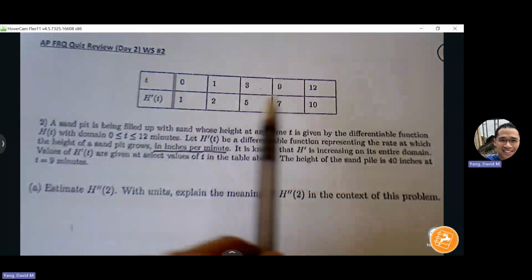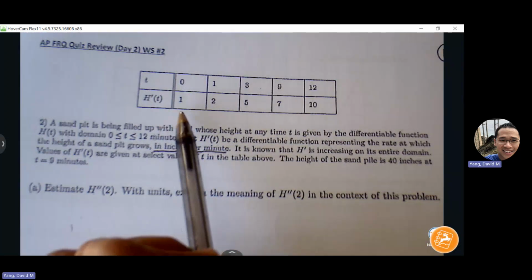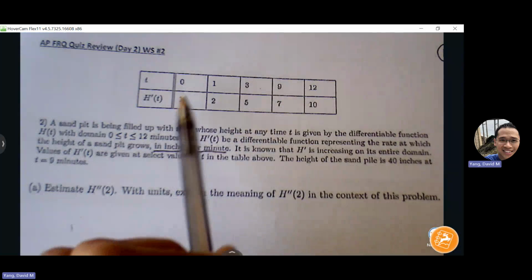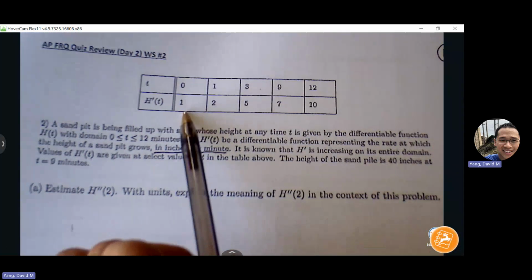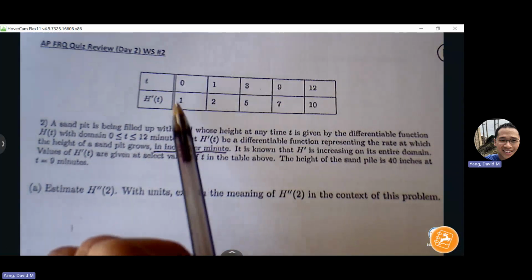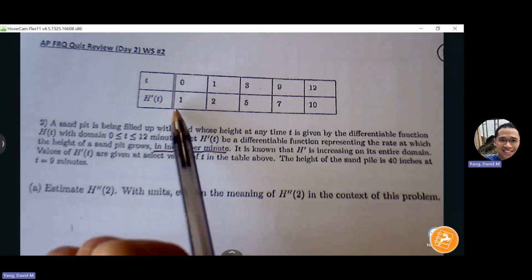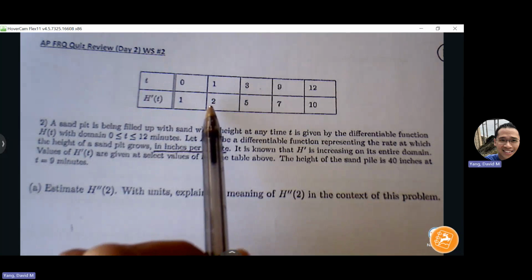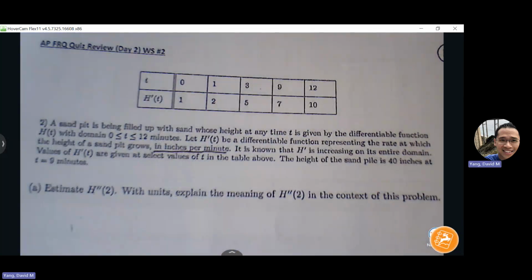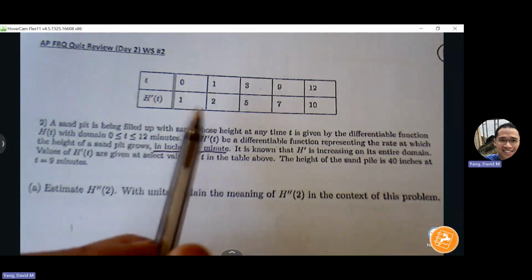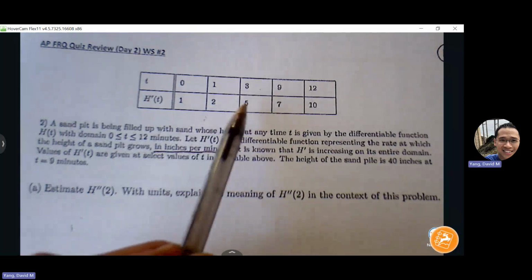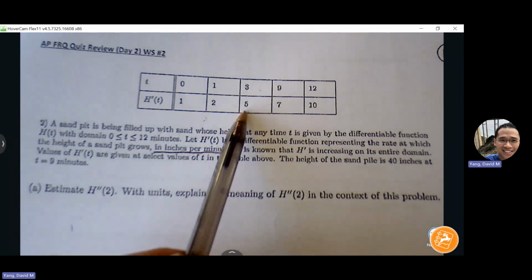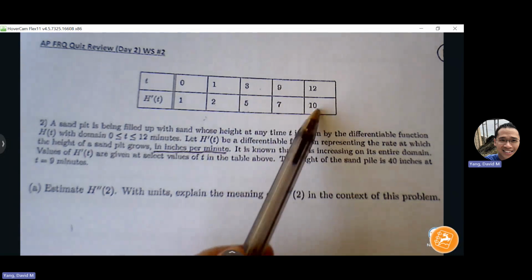Let me just talk about this table so we can visualize what's happening here. At 0 minutes in, the sand pit is being filled at a rate of 1 inch per minute. At 1 minute in, that rate is increasing. It's increased to 2 inches per minute, and then at 3 minutes it's coming out faster, 5 inches per minute, 7 inches per minute, 10 inches per minute.